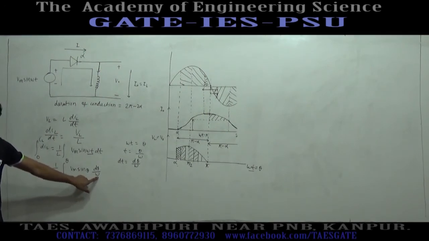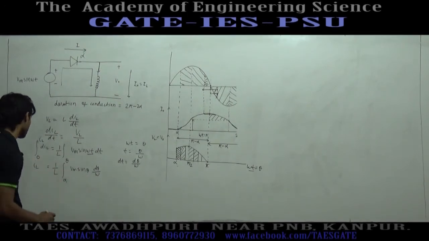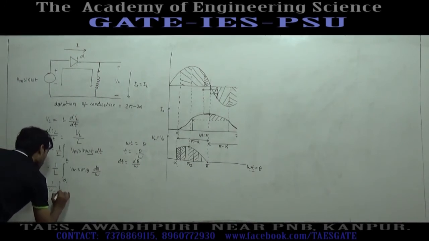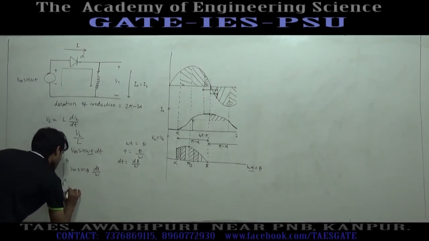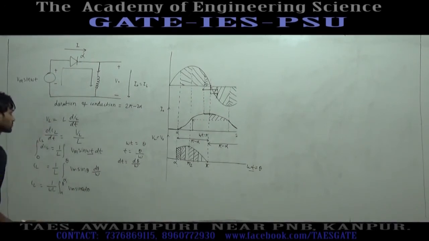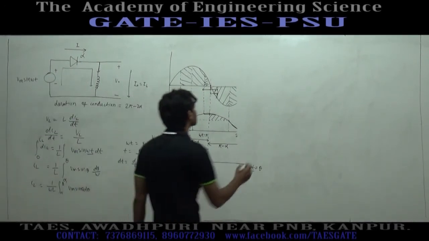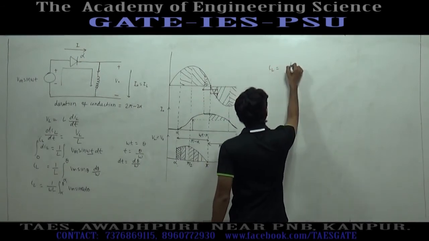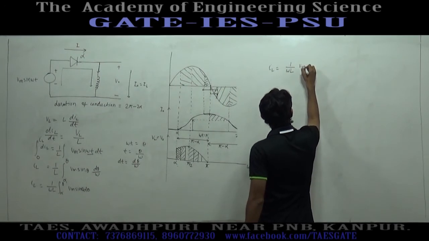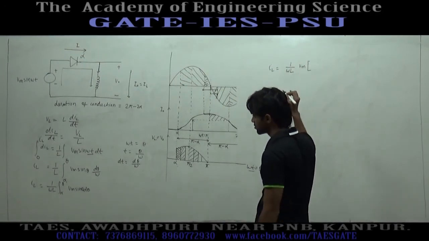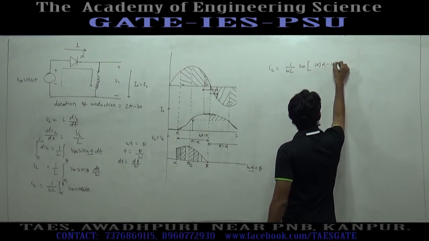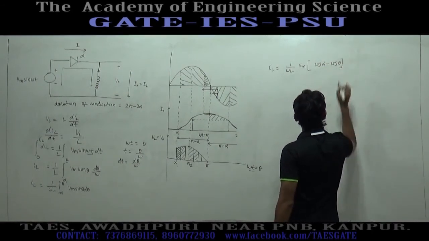Since omega is constant, omega will come out of the integration: 1 by omega L, alpha to theta, Vm sin theta d theta. IL equal to Vm by omega L, and the integration of sin theta is cos of lower limit minus cos of upper limit, so cos alpha minus cos theta.